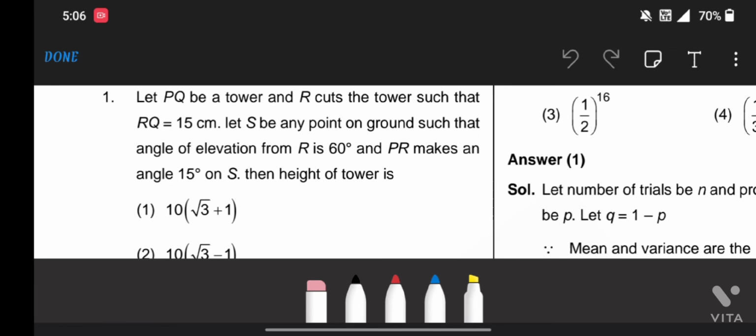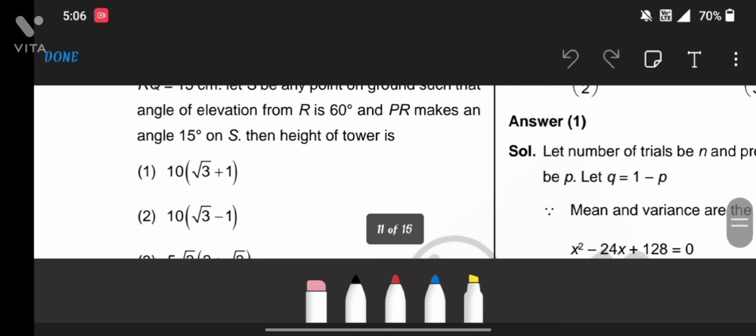Let S be any point on the ground such that the angle of elevation from R is 60 degree. Then PR makes an angle of 15 degree on S. Then what is the height of the tower they have asked.